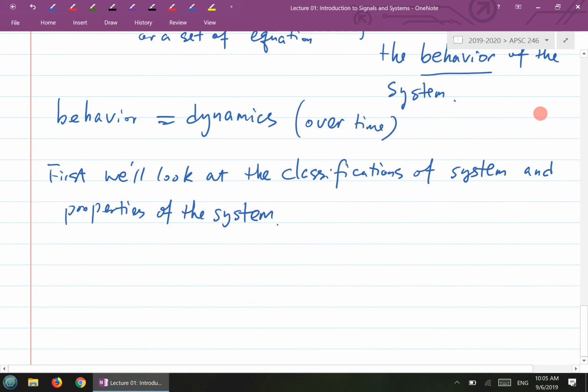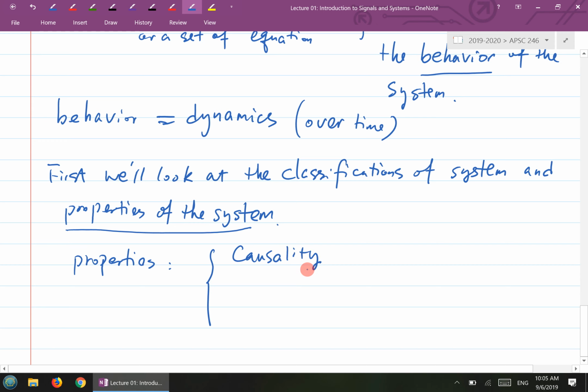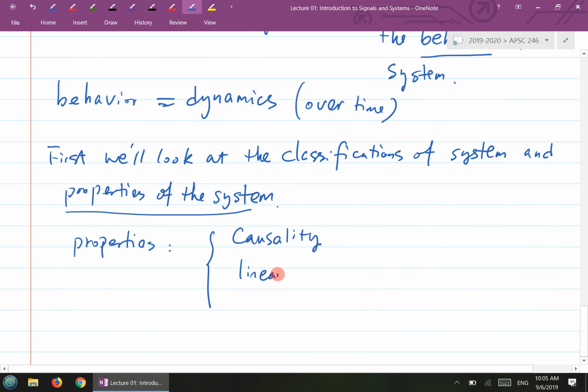This is where I will caution you that things are going to go a little bit abstract, especially the properties of the system here. So, what are the properties of the system? Let's start from properties first. There are three properties we're going to cover. Number one is called causality. Number two, we're going to look at linearity.